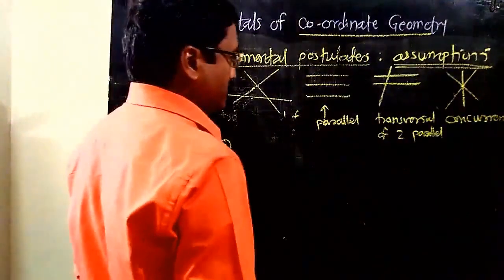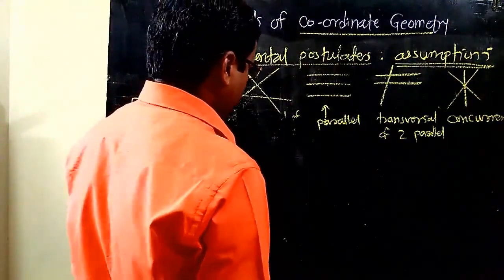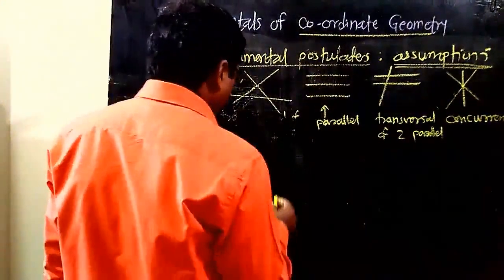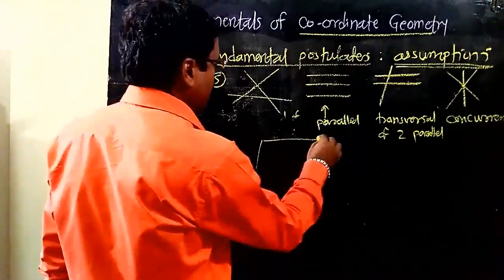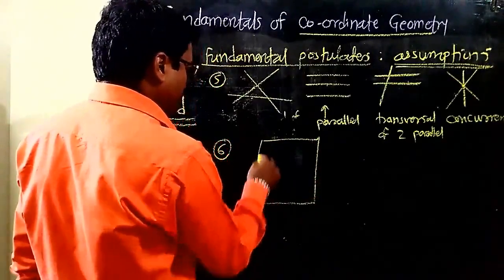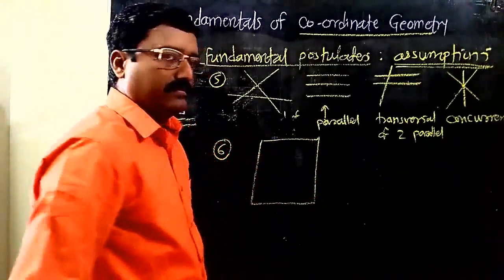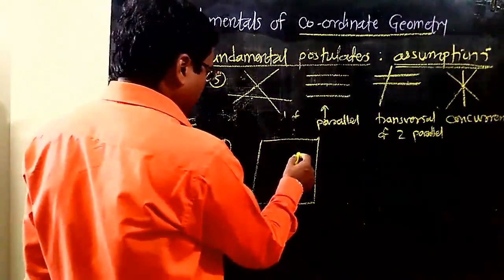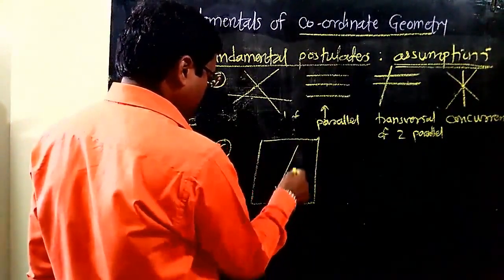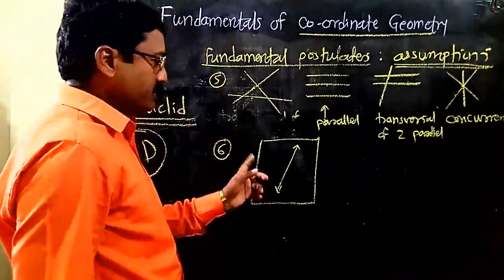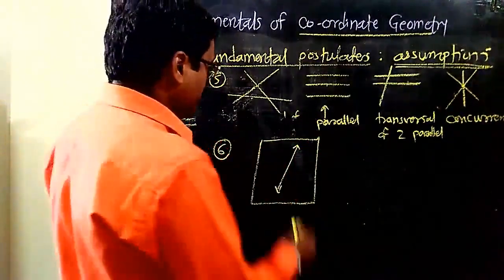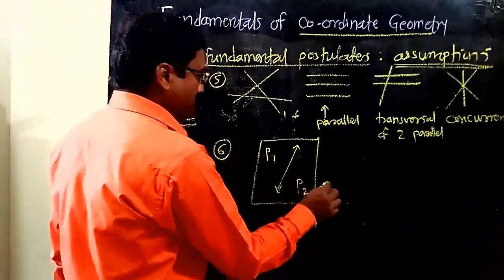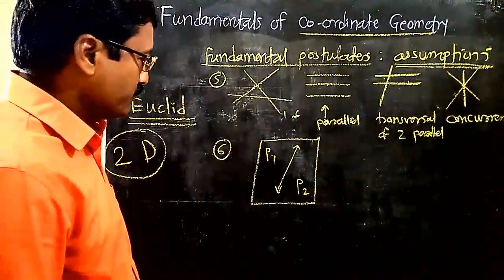Next, about the plane. If you take a plane, and you draw a line in this plane, then this plane is divided into two parts. One is called the first part of the plane, the second is called the second part of the plane.